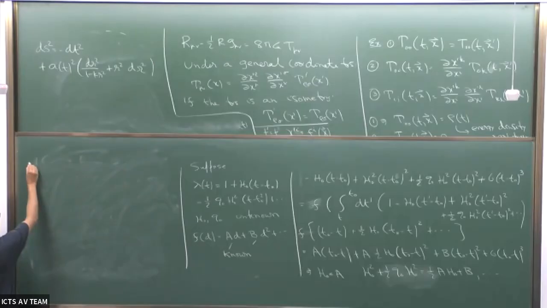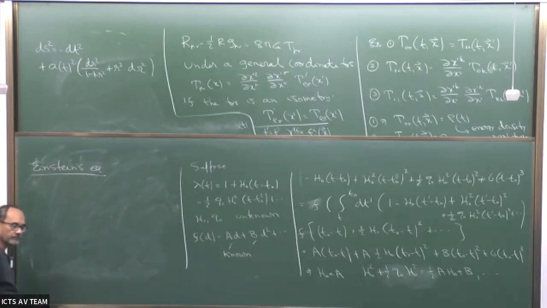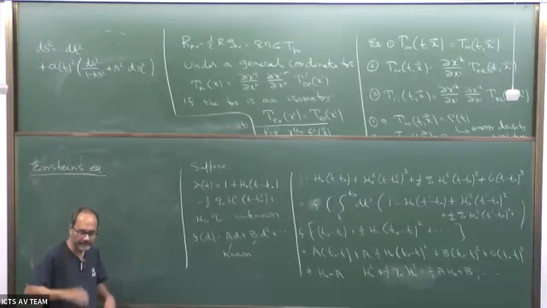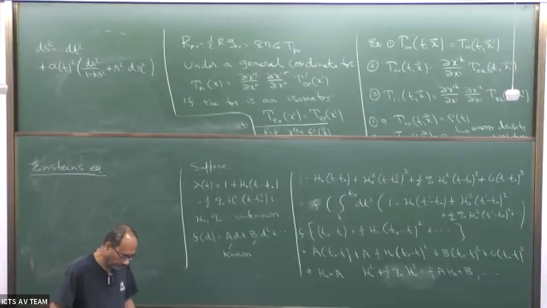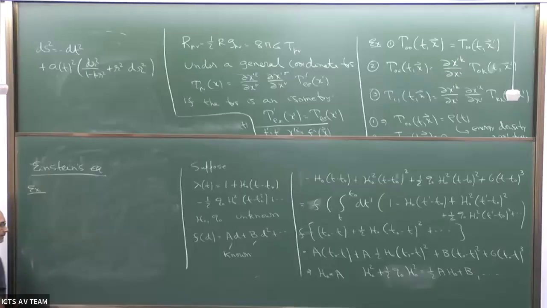So Einstein's equations. I'll not write R mu nu explicitly, but the combination R mu nu minus half R g mu nu, because that's what appears on the left hand side of Einstein's equation. I'll just write down the results, but this is a straightforward exercise. You just have to calculate the Riemann tensor.